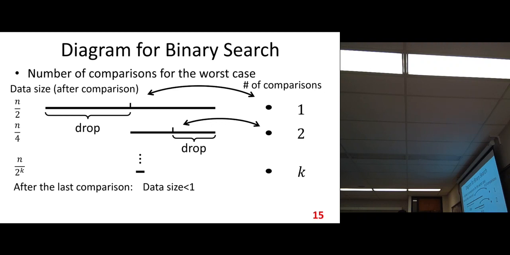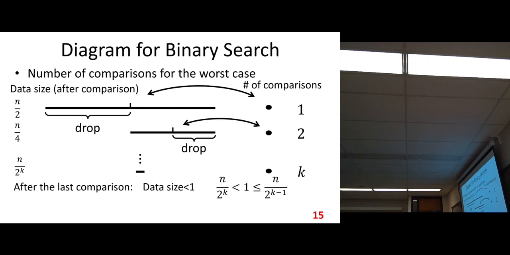Less than or equal to 1, nobody even thinks about splitting. Could you set n over 2^k equal to 1? Equal, but we don't know if they're equal or not. That's why we need to use this inequality.